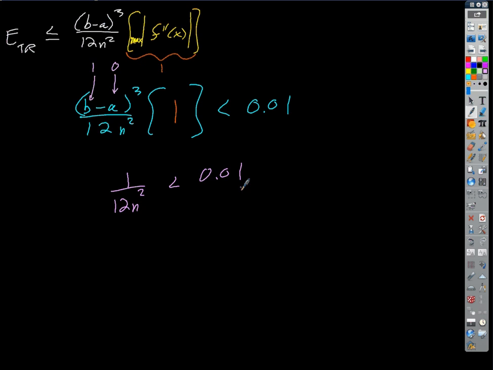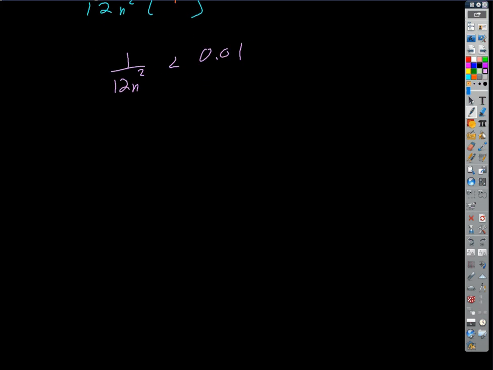Well, what are the steps I'd go through, just algebra here, to solve for n? I could multiply both sides by 12n squared. One other thing I could do is just flip both fractions. But if I take the reciprocal of both sides, what does that do to the direction of the inequality sign?